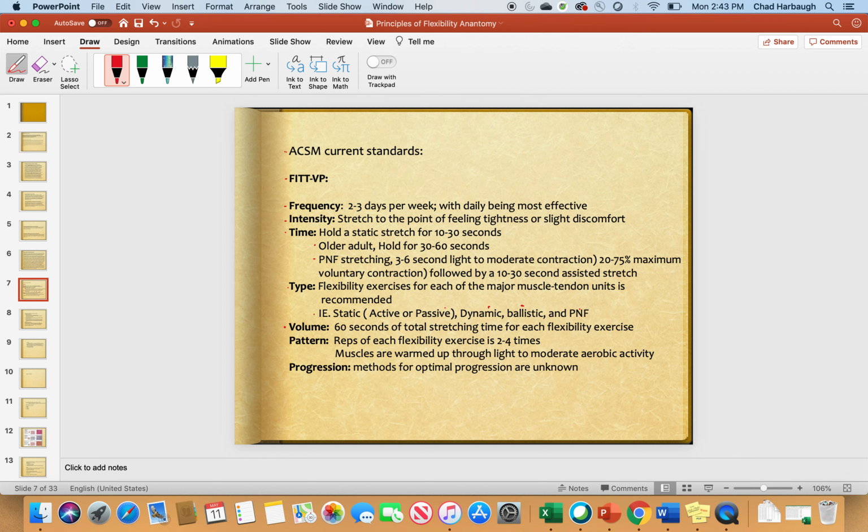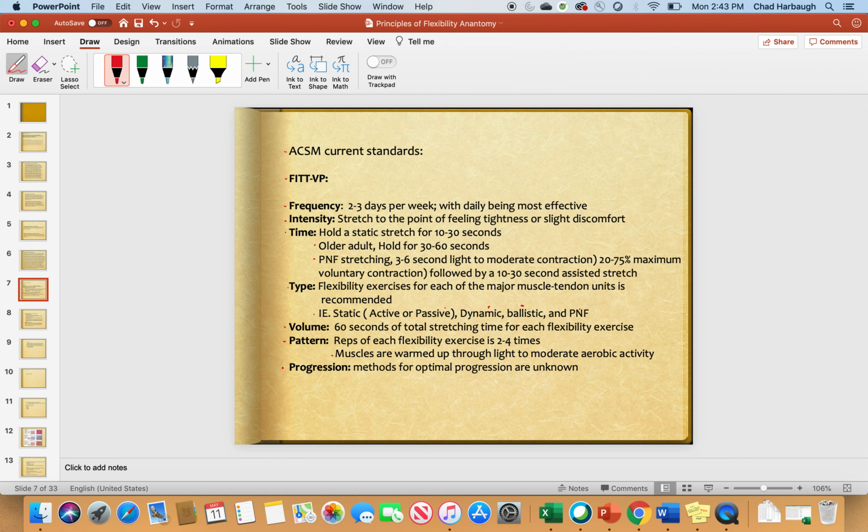But on each muscle group, you should be able to perform a minimum of 60 seconds. When we're looking at reps of each flexibility exercise, we should see 2 to 4 reps, and of course we should always be warmed up.